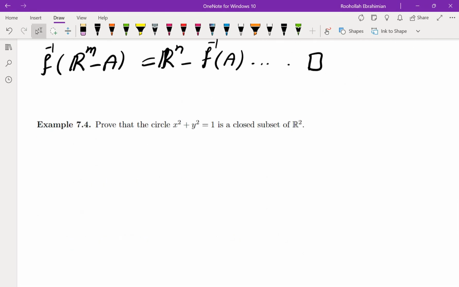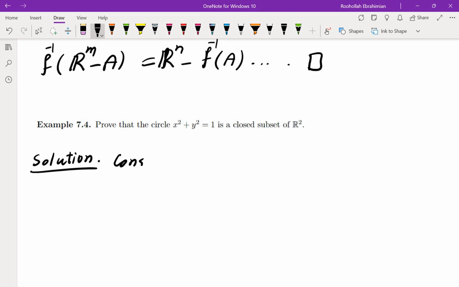Okay, now let's see how we can use that in practice. Prove that the circle x squared plus y squared equals 1 is a closed subset of R2. So what we do is we take a function that is continuous and we describe this set as an inverse image of a closed set.